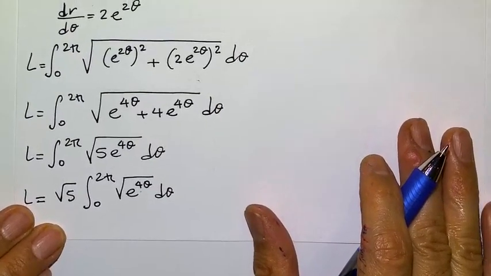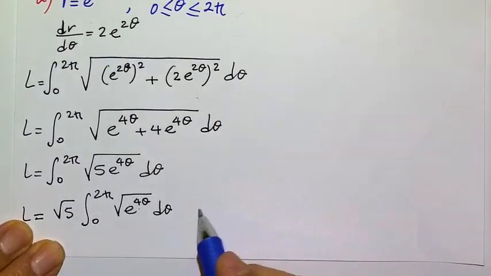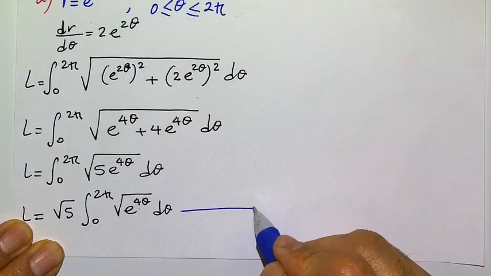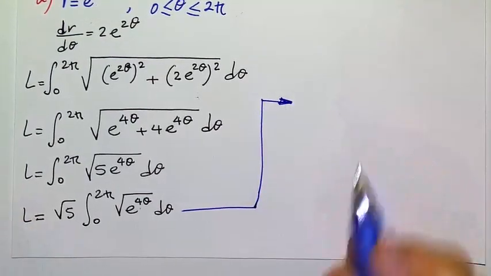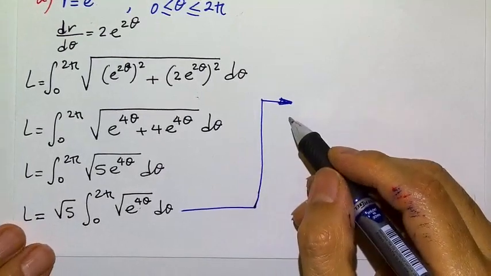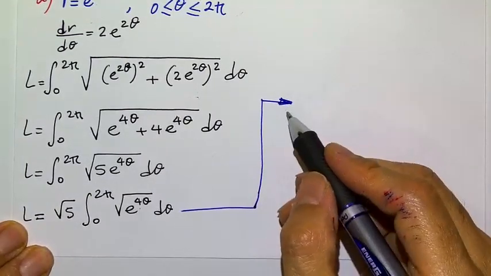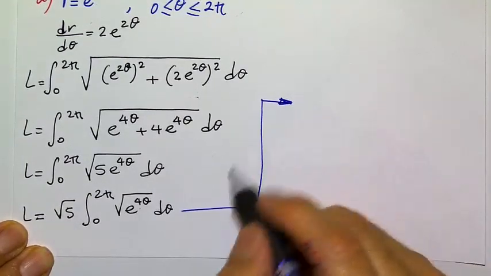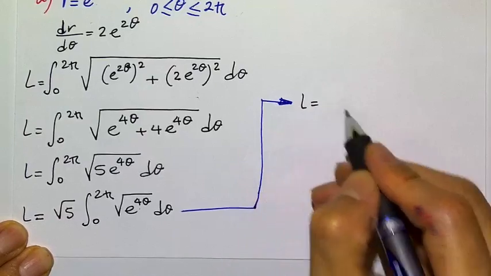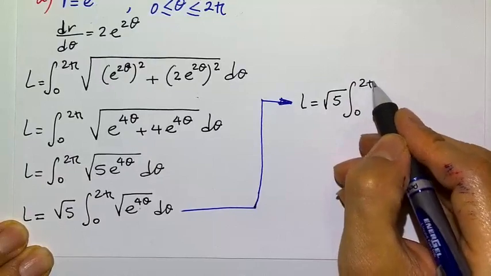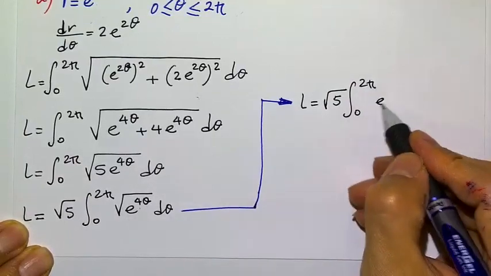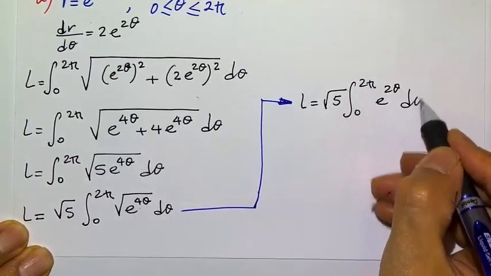I'm going to write the rest of this on this page. I think that will be enough space I need. So we have L equals square root of 5, integral from 0 to 2 pi of e to the 2 theta d theta.